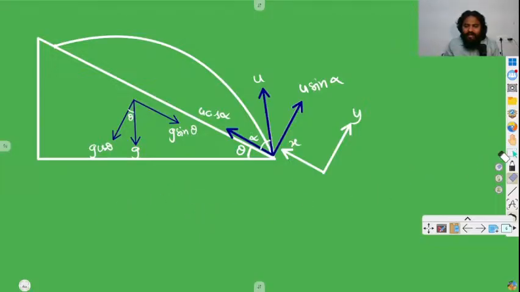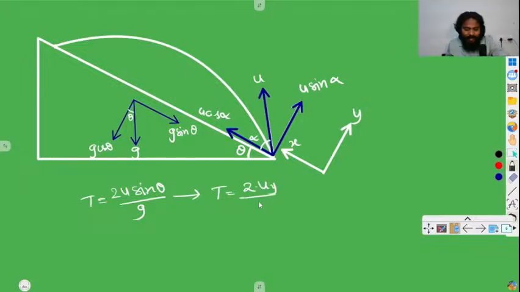Simply to find out the time of flight, you know very well, the time of flight for a normal oblique projectile is 2u sine theta by g, right? And you write this equation as t is equal to 2u sine theta, that is uy, by g.